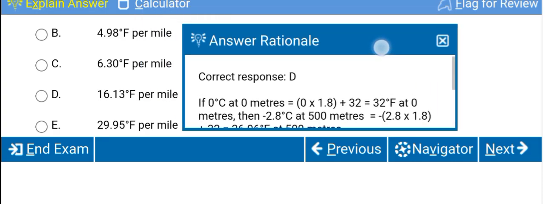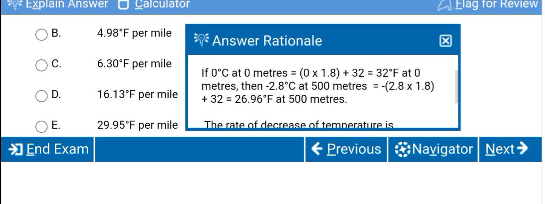So correct response we have option D. 0 degree centigrades at 0 meters equals 0 multiplied by 1.8 plus 32 equals 32 degree Fahrenheit at 0 meters, then minus 2.8 degree centigrade at 500 meters equals minus 2.8 multiplied by 1.8 plus 32 equals 26.96 degree Fahrenheit at 500 meters.